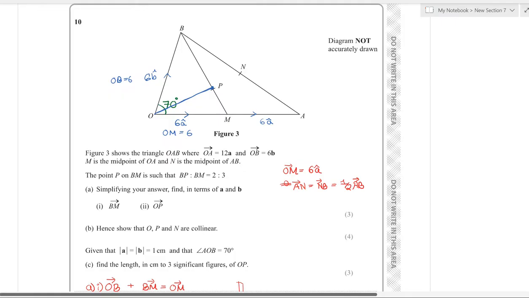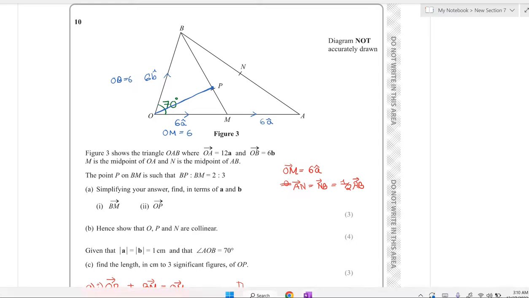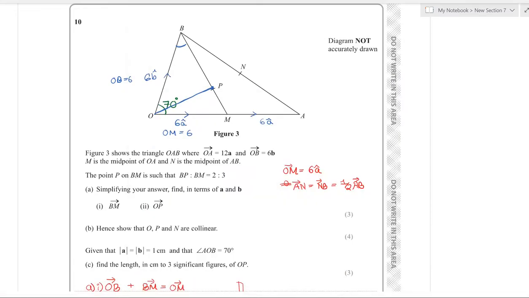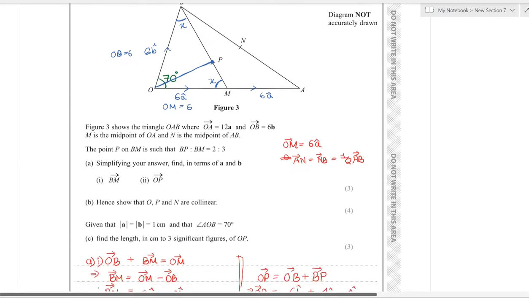That means triangle OBM is an isosceles triangle with two equal sides. So angle B and angle M will have the same value. This will be X, and this can also be considered as X. So we can easily find the value for OP using these values. So let's first move to the value for the angle.